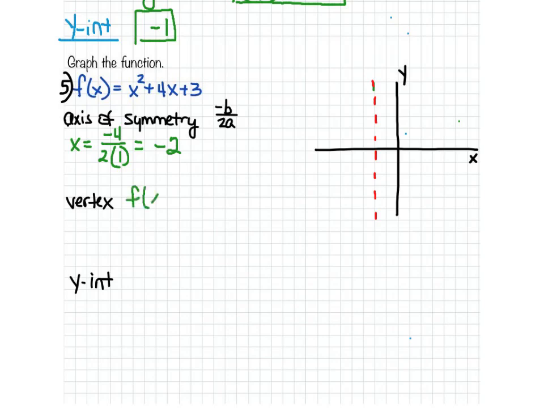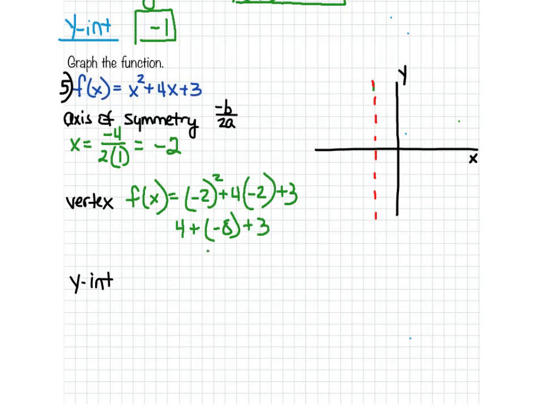So f of x equals negative 2 squared plus 4 times negative 2 plus 3. Let's do some math. Negative 2 squared is positive 4. 4 times negative 2 is negative 8, plus 3. And so 4 plus negative 8 is negative 4, plus 3 is negative 1.